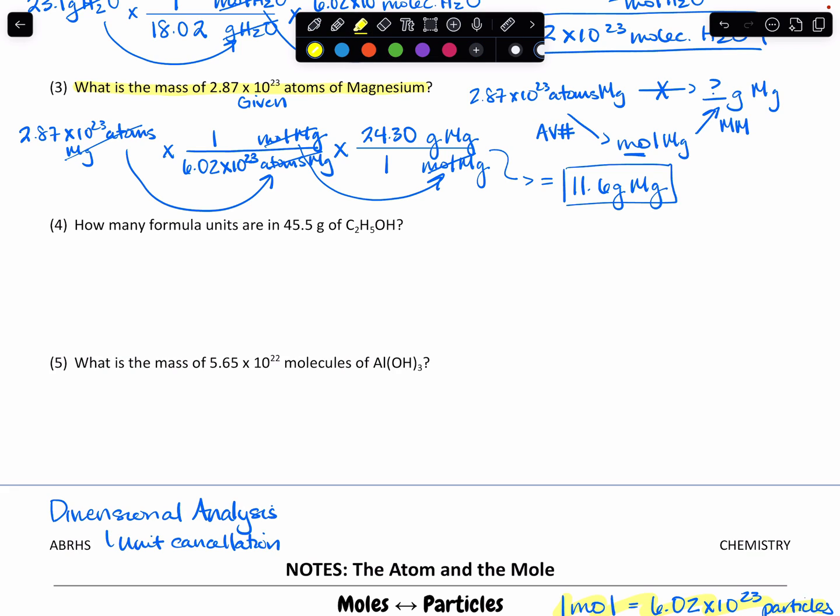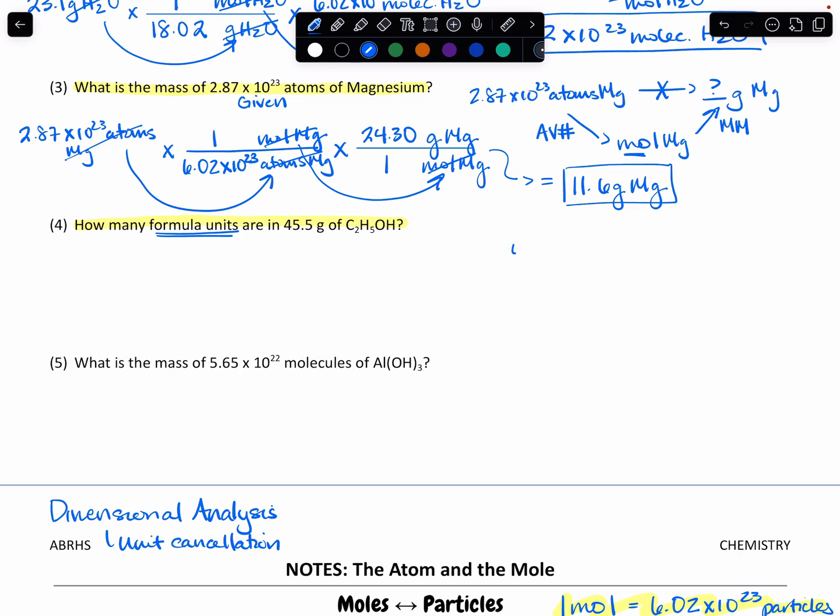All right. How many formula units are in 45.5 grams of C2H5OH? Formula units is another way to talk about molecules. So that means we're trying to go from mass to particles.